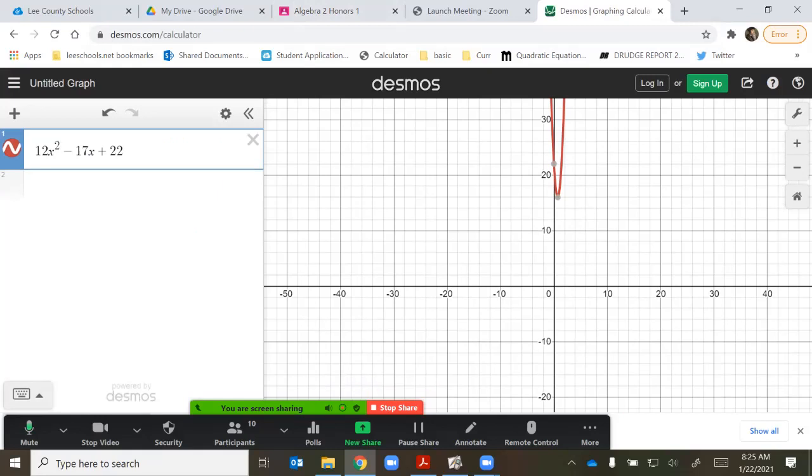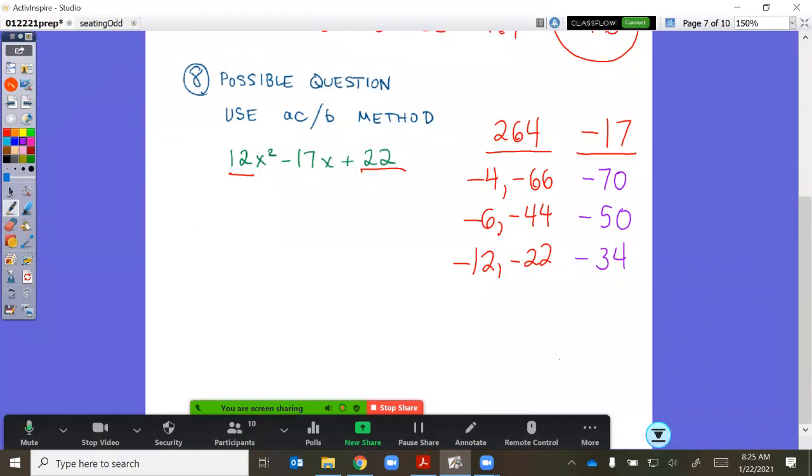I made one that can't happen. So what did I do wrong? You put a 22. I should have made it negative 22, I guess. I must have written it down wrong. Okay. So there is no answer to that.